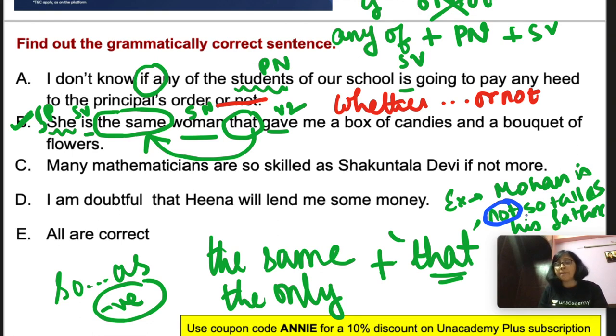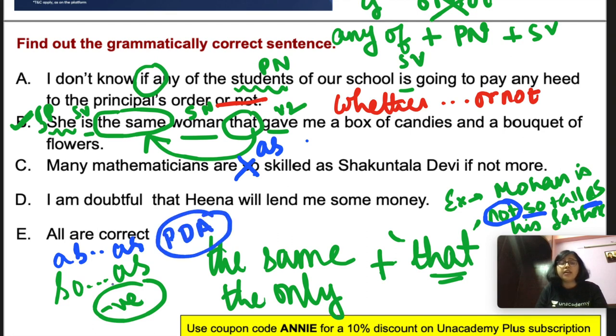But this is a positive comparison, so "so as" cannot be used here. Here you have to use "as." "As" is used for comparison, "as" and "so as." When you compare using "as," you have to use the positive degree of adjective, but "so as" is of negative nature. So "skilled" is a positive degree of adjective: many mathematicians are as skilled as Shakuntala Devi, if not more.